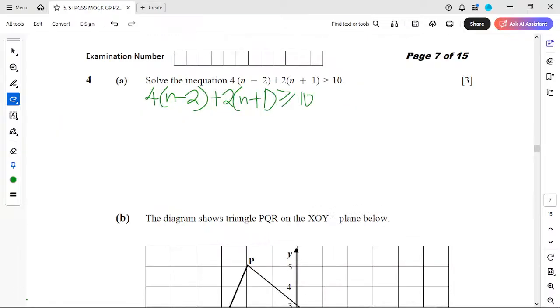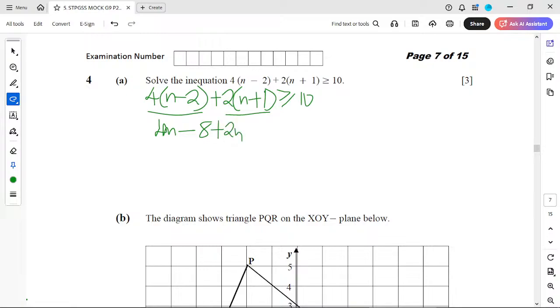Greater or equal to 10. Okay, so what we need to do first is expand these two expressions that are given. 4 times n gives us 4n. 4 times negative 2 gives us negative 8. Then 2 times n gives us positive 2n.